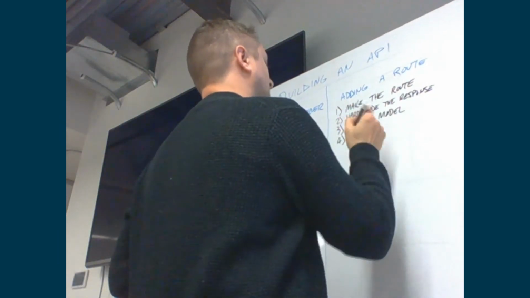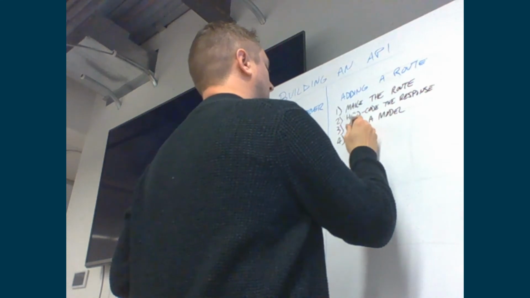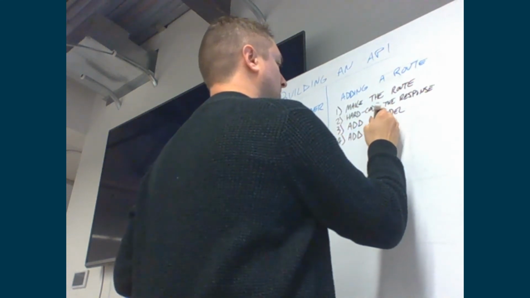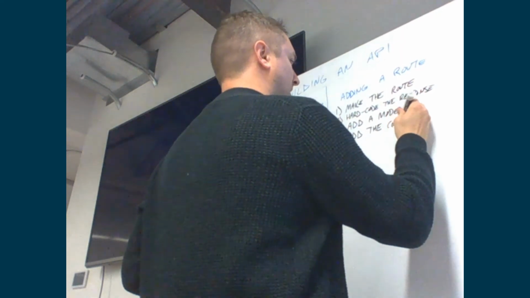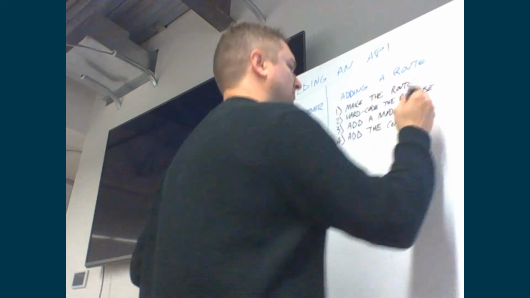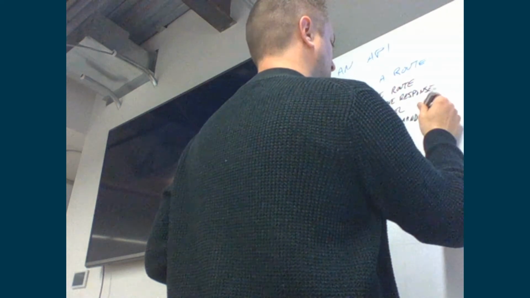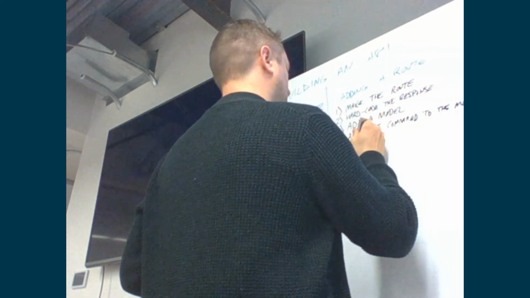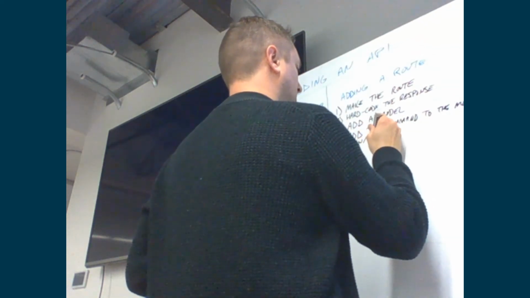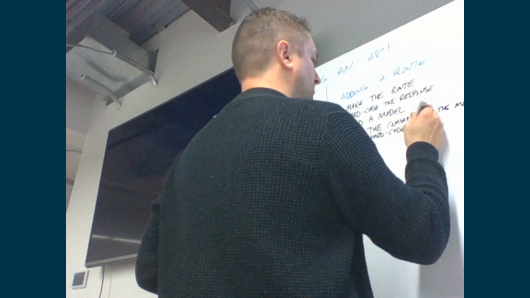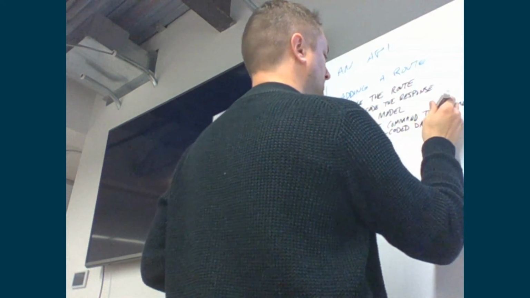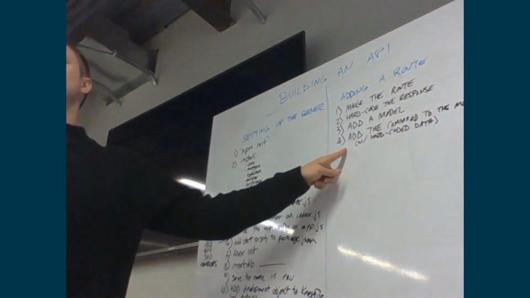if it doesn't exist already, and then add the command to the model. List, read, write, whatever. Add the command to the model with hard-coded data. Now we're taking that hard-coded data that we had in our route, and we're just moving it back.